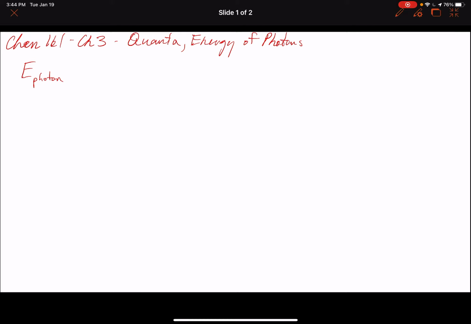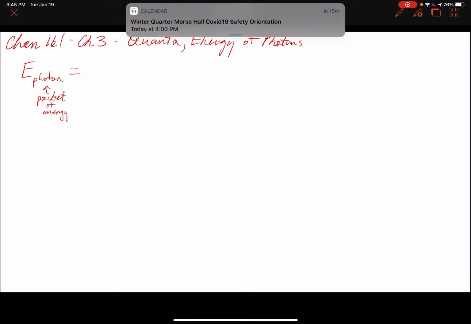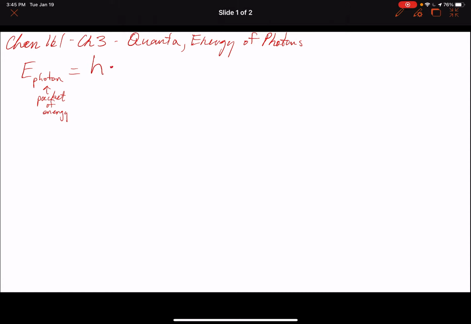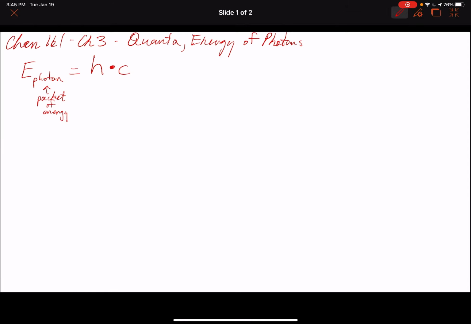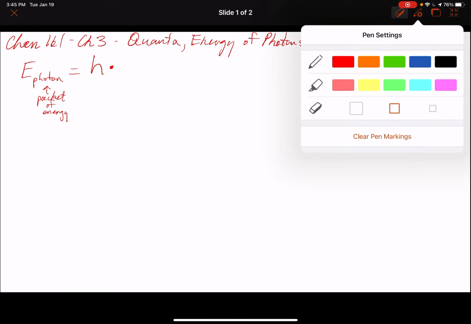Okay, so a little packet of energy. And so the energy of the photon is characterized by Planck's constant times frequency, so h nu.